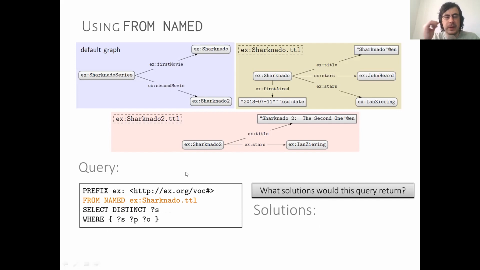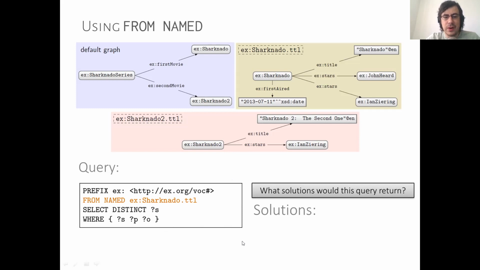Okay, what about from named? If we use from named, what we're going to do is create a new data set again, where we have an empty default graph because we have no from, and we just have one named graph, which is this one here. So in this case, we import this graph into our query, but rather than import it into a default graph, we're going to keep it as a named graph in the data set. So what solutions would this return?